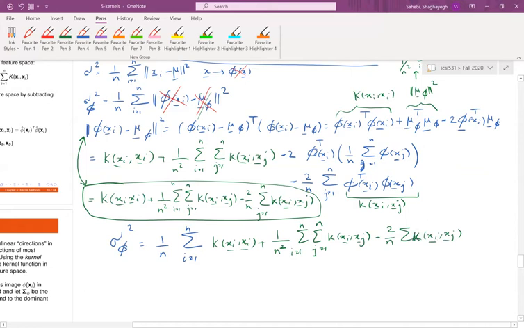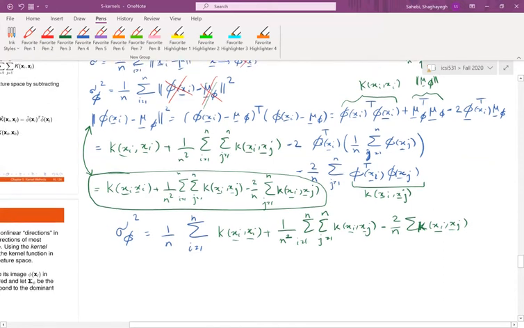Okay, yeah, this is the whole variance that we have in the data.